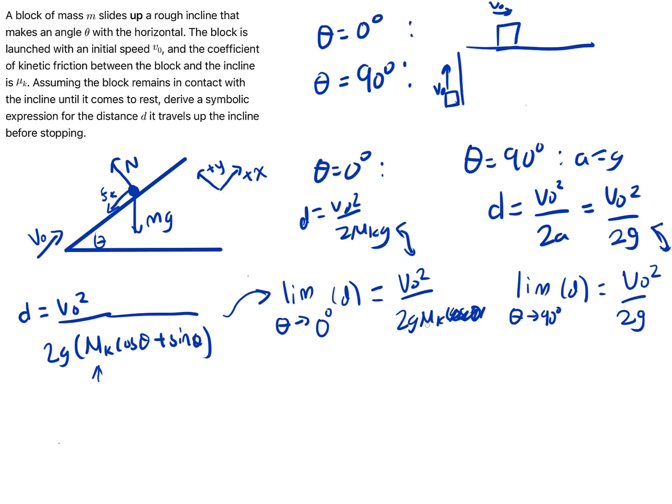So based on all these checks, this answer seems pretty plausible. This is something you should do if you have extra time after solving a problem. You can apply these checks to see if you're definitely wrong and need to go back and redo the problem. And that is how you would solve this problem here.